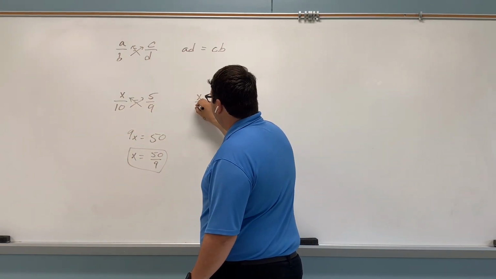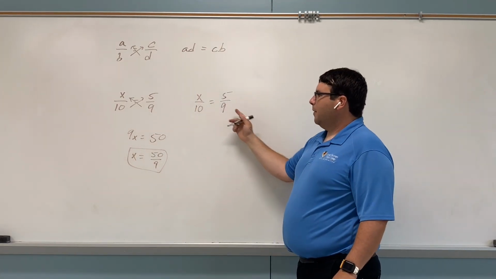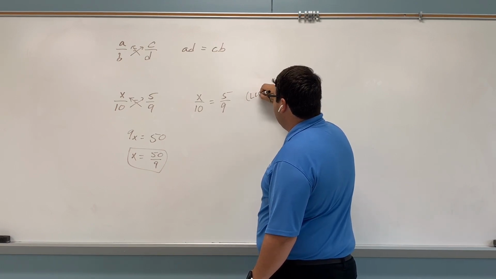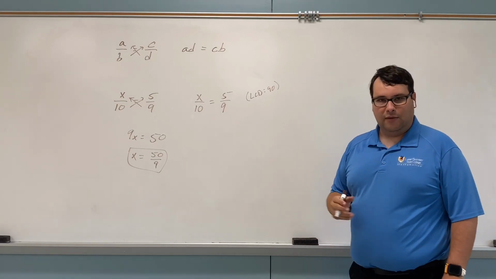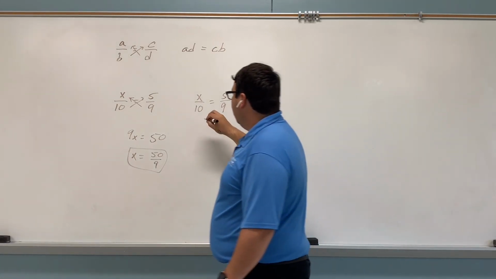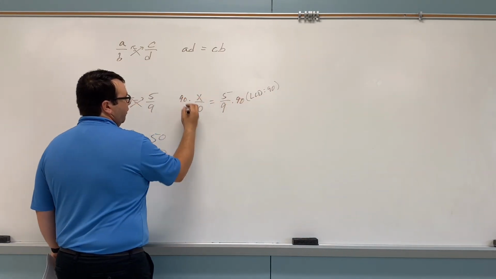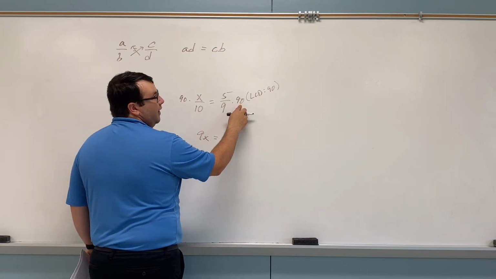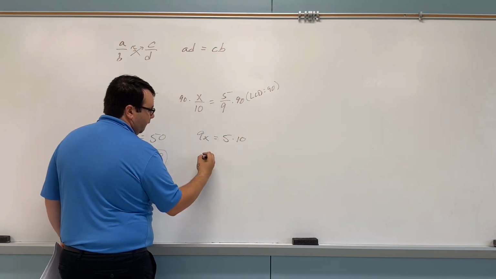So same exact problem. If I were to look at my LCD here, my LCD is going to be 90, right? So LCD is 90. You could also say it's 9 times 10 for simplification. But you have 90. If I were to multiply 90 to both sides here, 10 goes into 90 9 times, that's 9x. 9 goes into 90 10 times, that is 5 times 10, which is also 50.